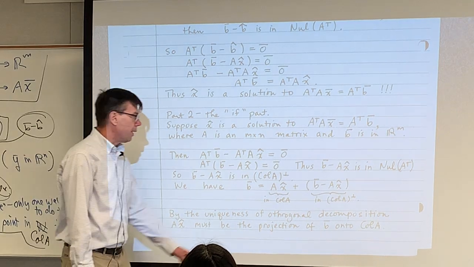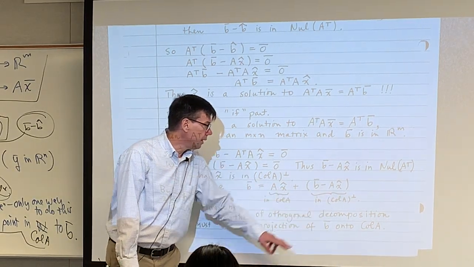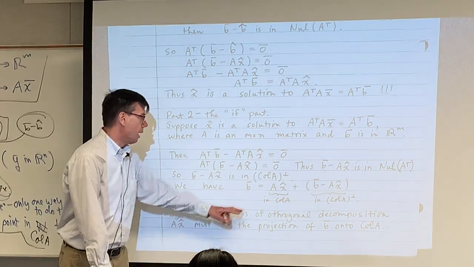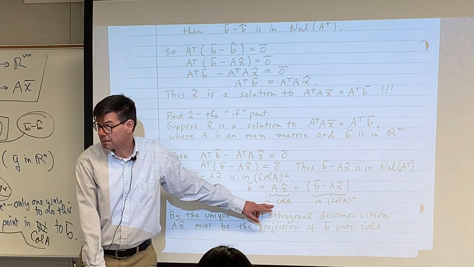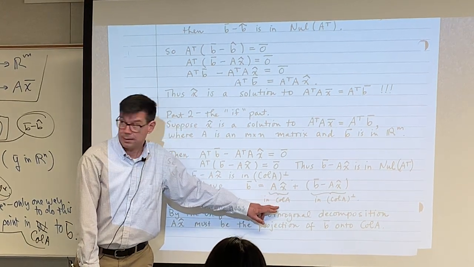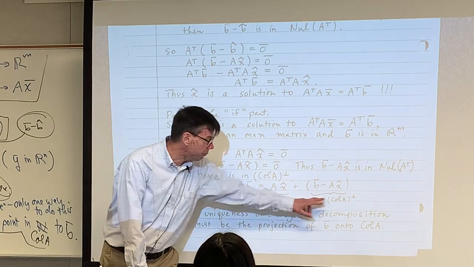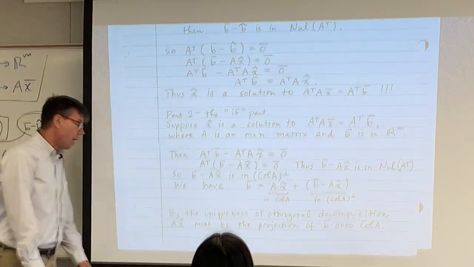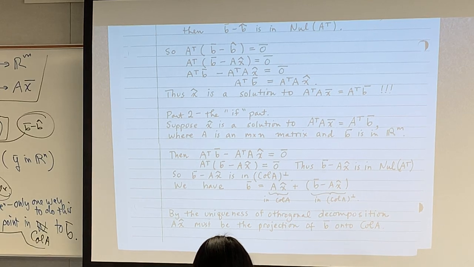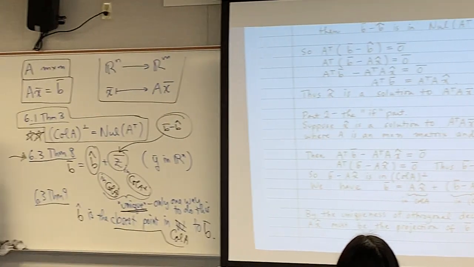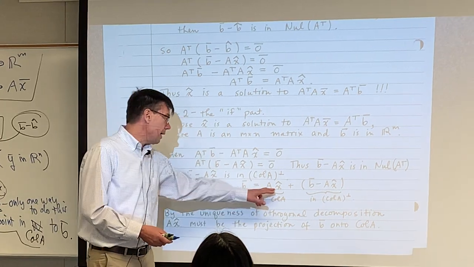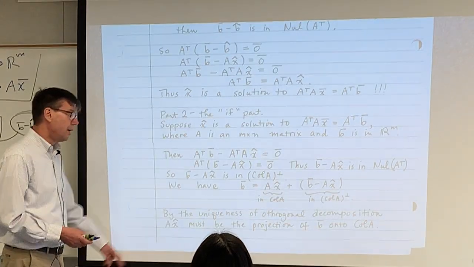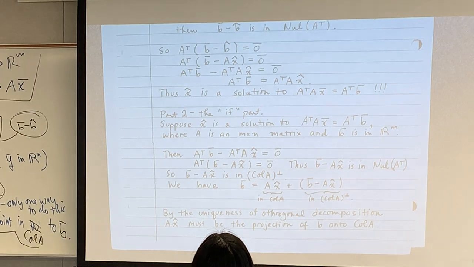And if we know B minus AX hat is in the column space of A perp, and we know AX hat must be in the column space of A, because A times anything is in the column space of A. So these are two separate statements that have to be true. By the uniqueness, one of our theorems, we made a point of saying this decomposition was unique. There's only one way to do it. So by uniqueness, the AX hat actually has to be the projection of B onto the column space of A.